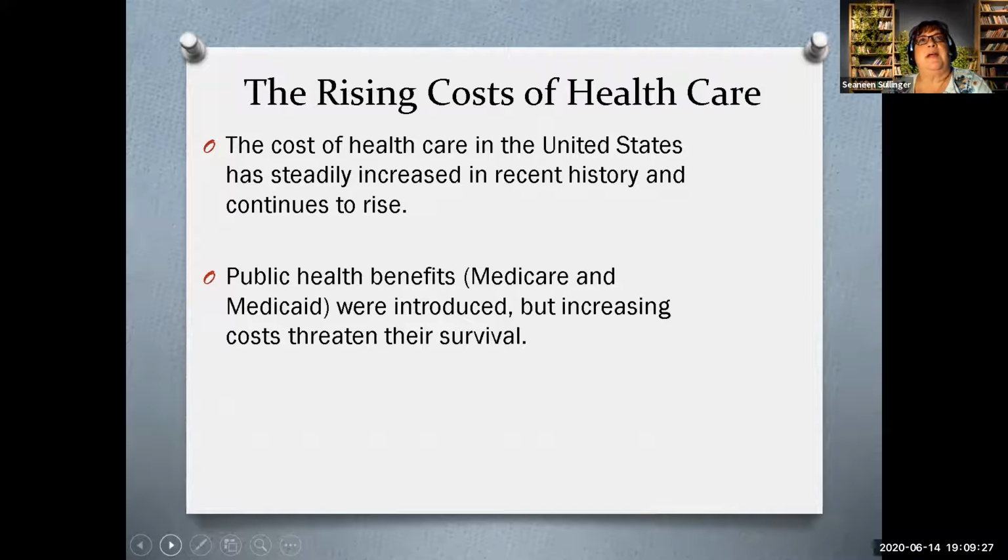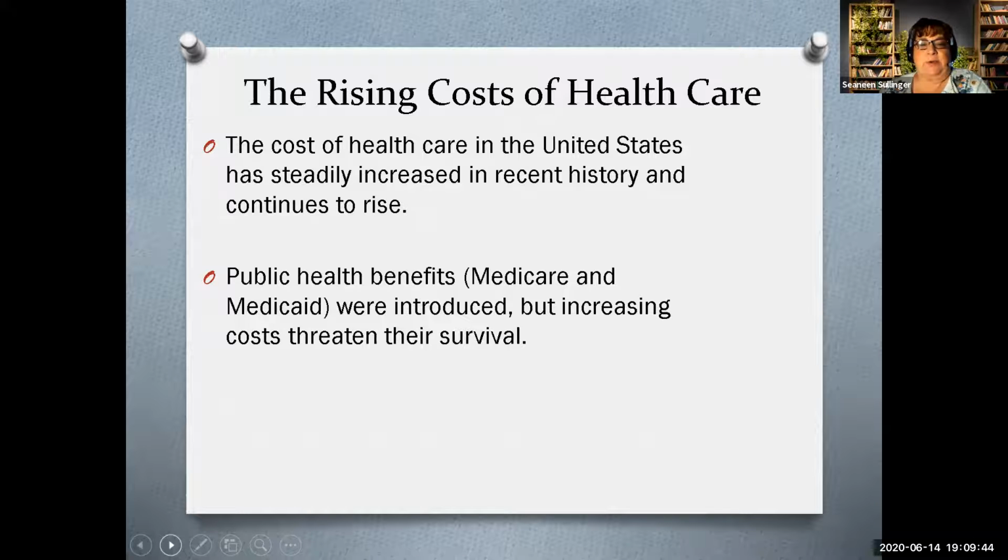When you're in healthcare, the cost of healthcare continues to rise, and I'm not quite sure how to make it stop. There are different public health benefits like Medicare and Medicaid, known as Medi-Cal in California.